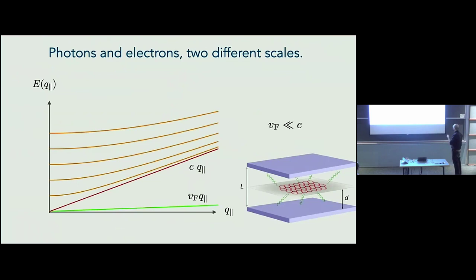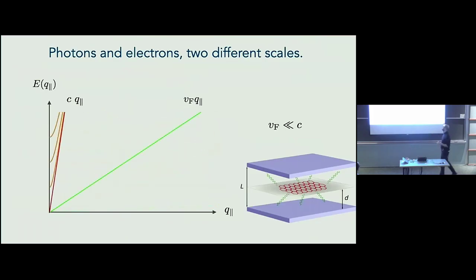While excitations inside graphene or 2D material disperse as Fermi velocity times Q, and since we are almost always in a non-relativistic setting, from the point of view of electrons, the situation is like that. So when you are at finite Q, photons are immediately at very, very high energy. So electrons and photons interact only in a very small region.